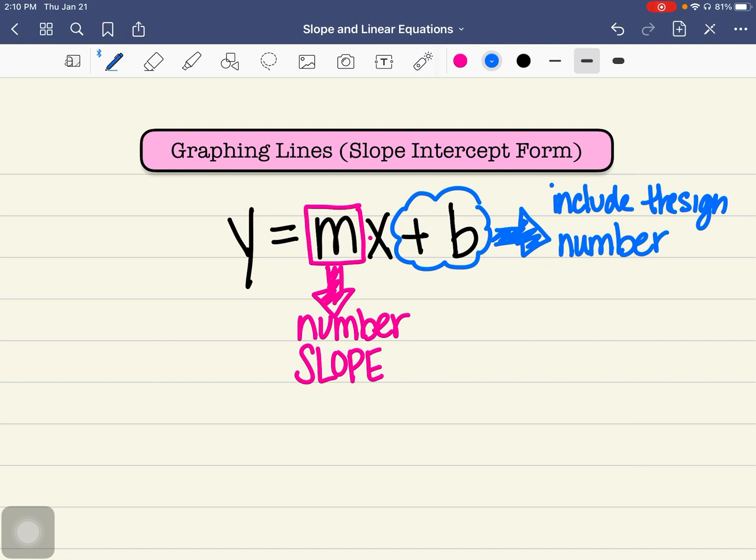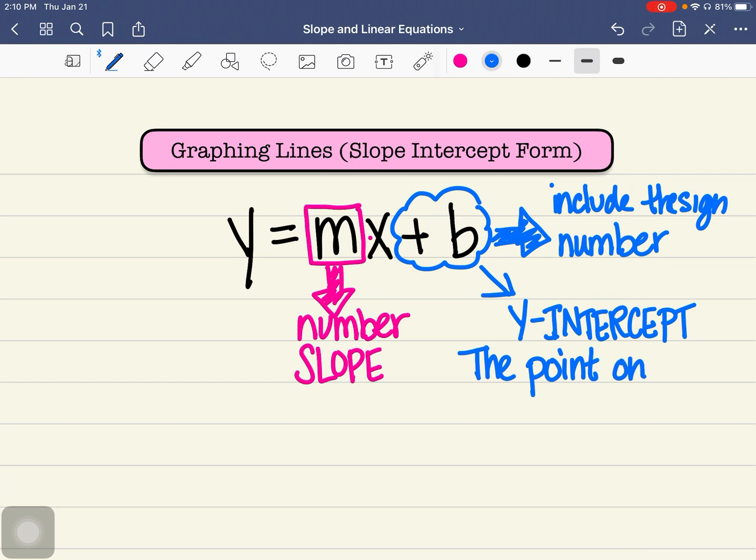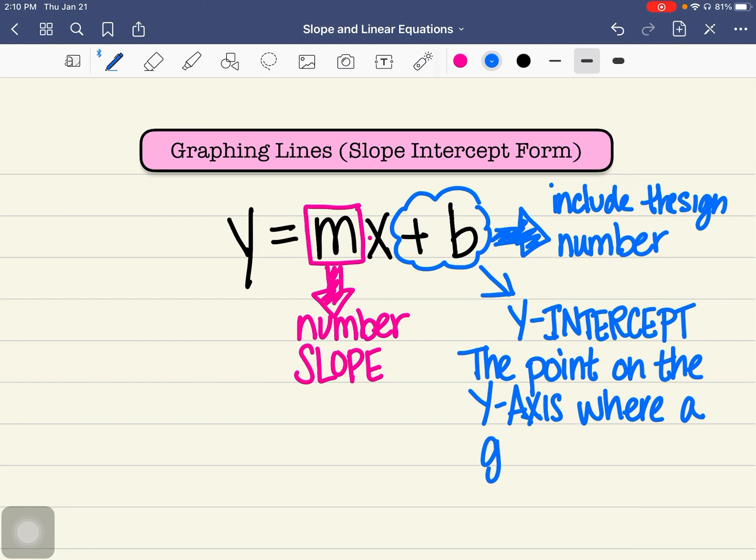It's also a number, but this is what we call the y-intercept. If you're not sure what the y-intercept is, that is the point on the y-axis where a graph intersects.